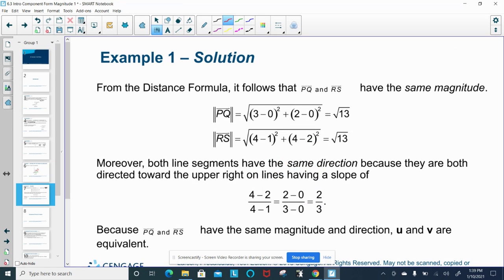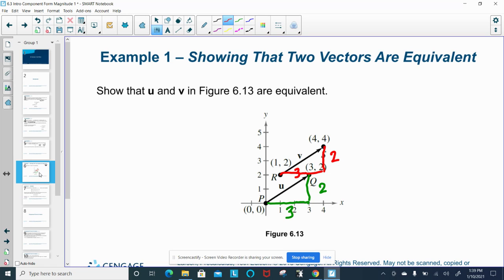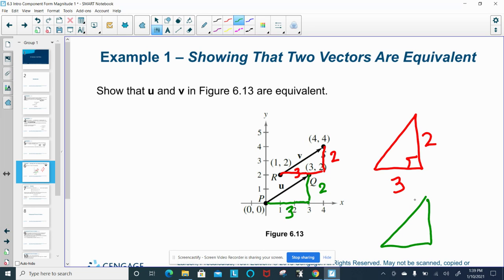Now here's where they were talking about the distance formula. Well, what I like to do is think about that in terms of a right triangle. Either one of these triangles is going to have the same hypotenuse, because when we do 3 squared plus 2 squared, we'll just call it c squared.